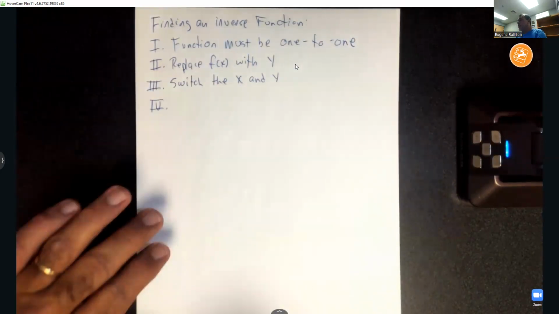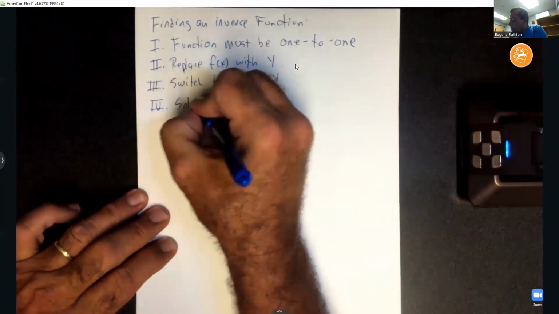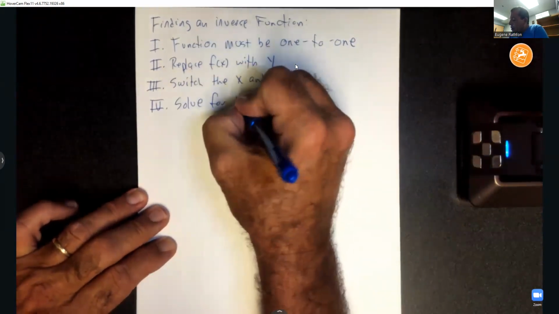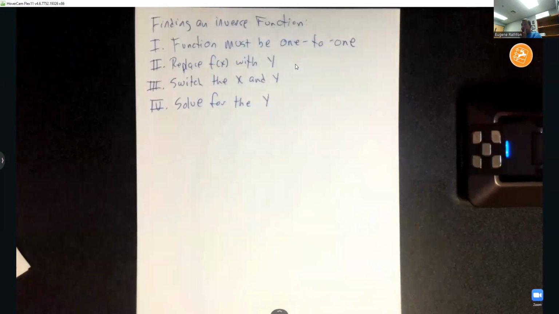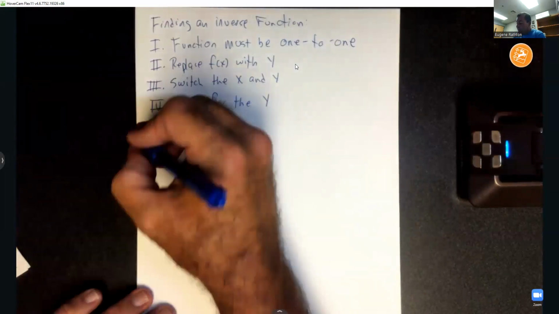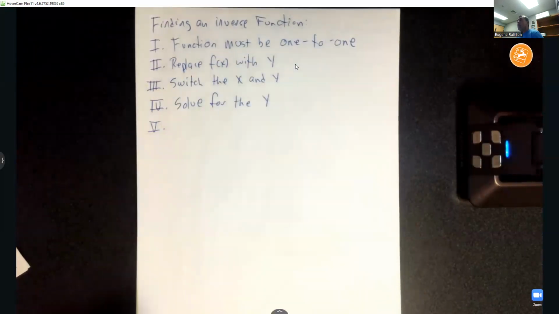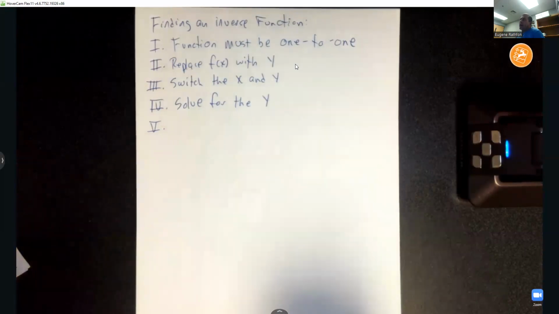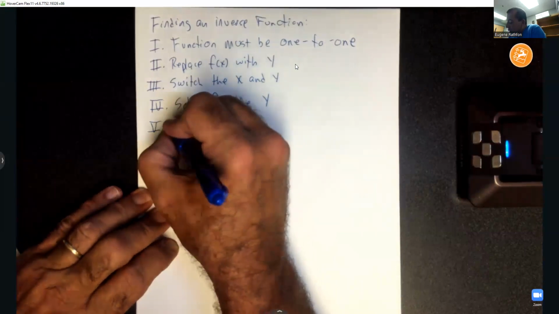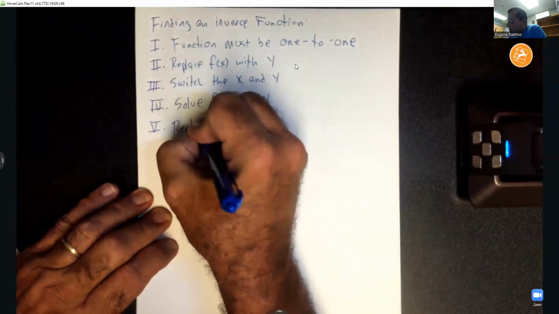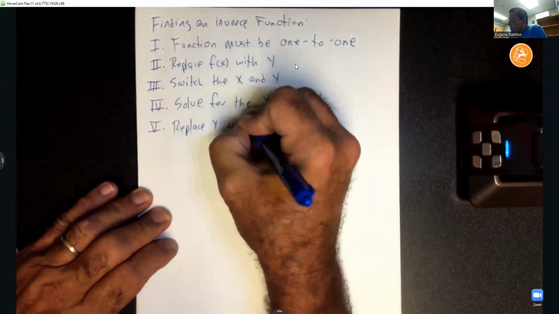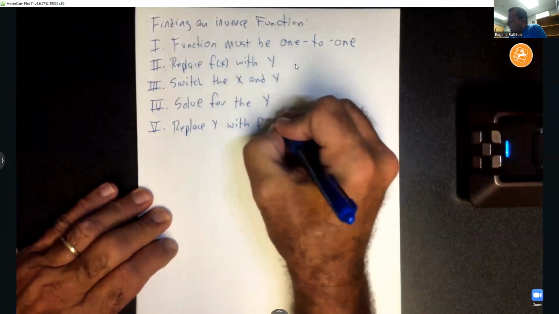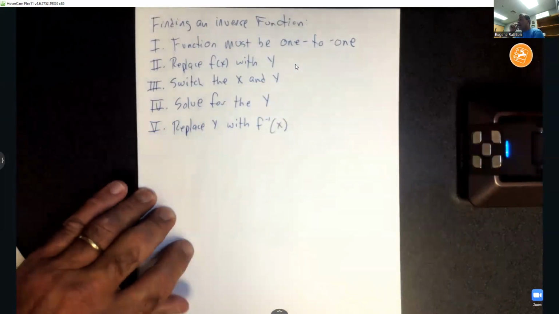Once we switch that x and y, we solve for the y. Now, when I solve for the y, my final step is to replace the y with f inverse of x.